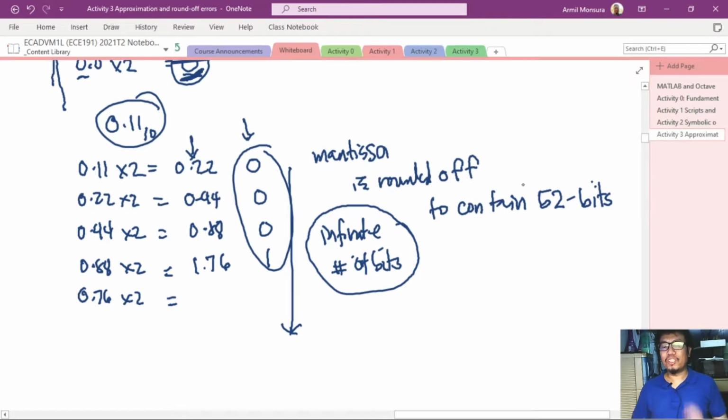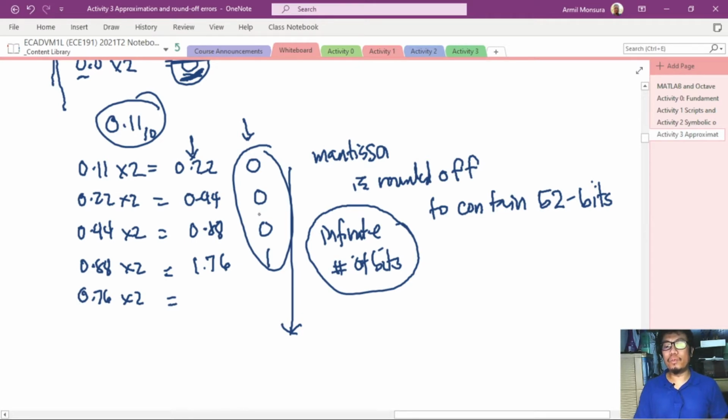So that is why even a simple number such as 0.11 gets to be rounded off. It's because in its fractional form it would actually require an infinite number of bits.